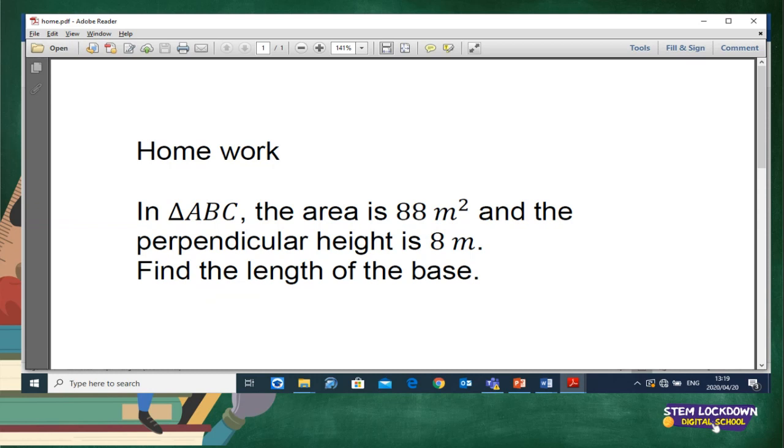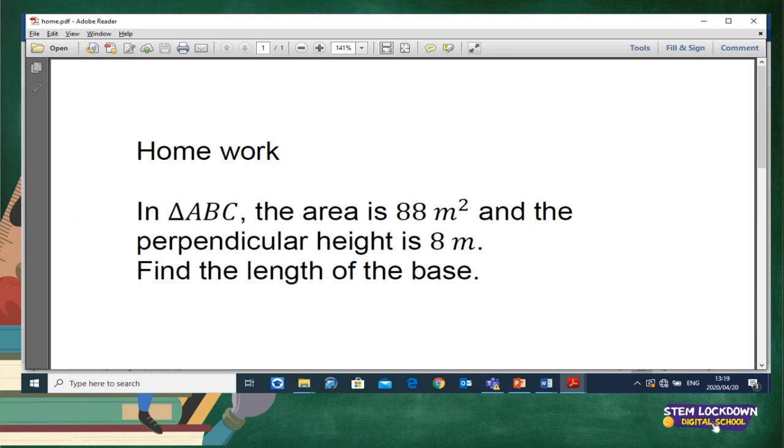You will find the base by using the formula for the calculation of the area, and you can simply substitute the given values. You are given two values there. The first value is 88 square meters. The second value is 8 meters. The 88 represents the area, whereas the 8 represents the perpendicular height, meaning that the height where it meets with the base, they form 90 degrees.